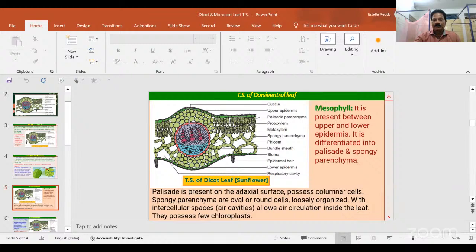See this portion. Generally, it is 2 to 3 layered. This tissue is called palisade tissue. Palisade tissue is present just below the upper epidermis, with vertically elongated, closely packed cells with narrow or small intercellular spaces.